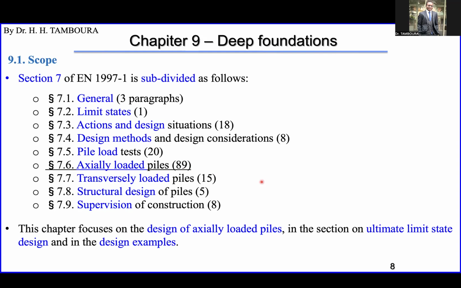So that's why we will focus on it. This chapter will focus on the design of axially loaded pile. If you need to know more about, for example, horizontally loaded pile, we can do another chapter.